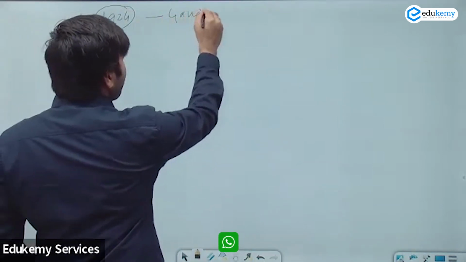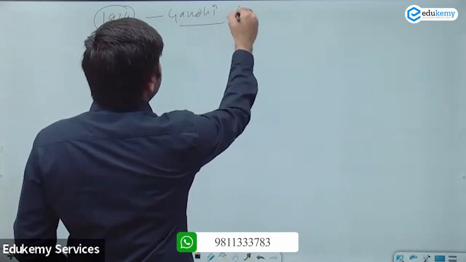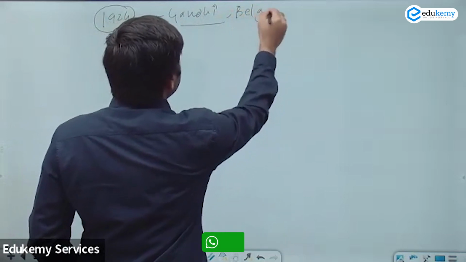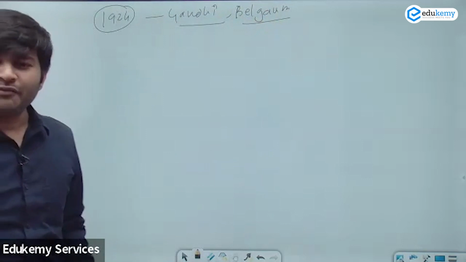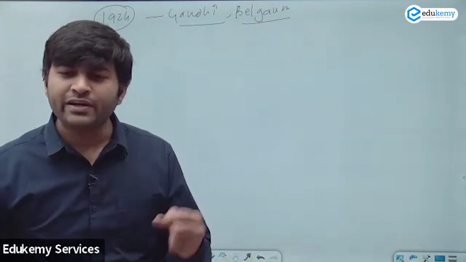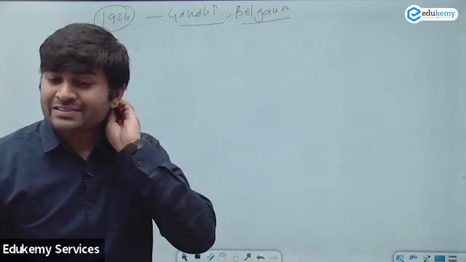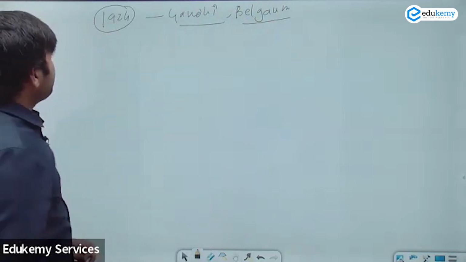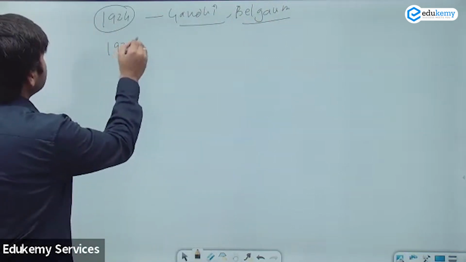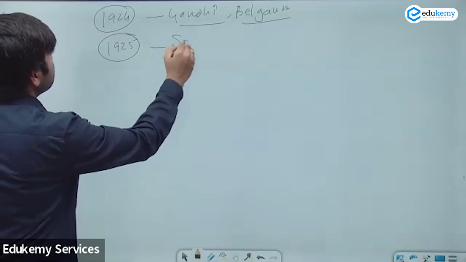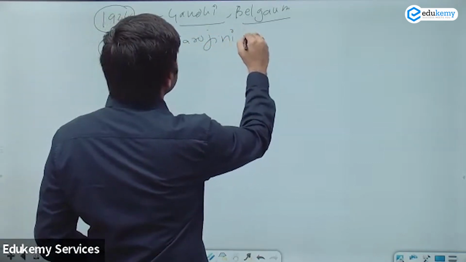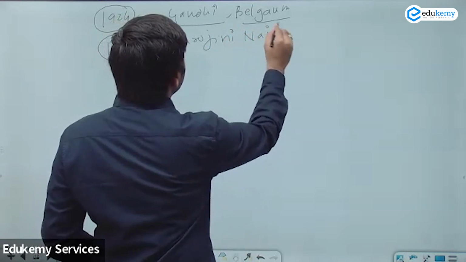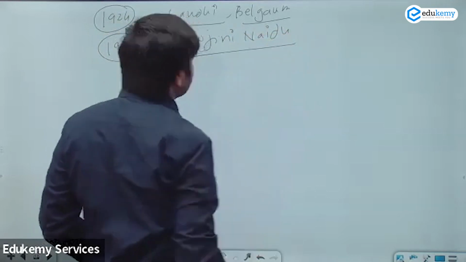Gandhi, Belgaum, where they were told कि ठीक है भाई, हम लोग constitutional, we are allowing the Swarajists, and now let us also focus on the constructive work. 1925. Why is 1925 famous? Sarojini Naidu is the president of the Indian National Congress. First woman, Indian woman president.